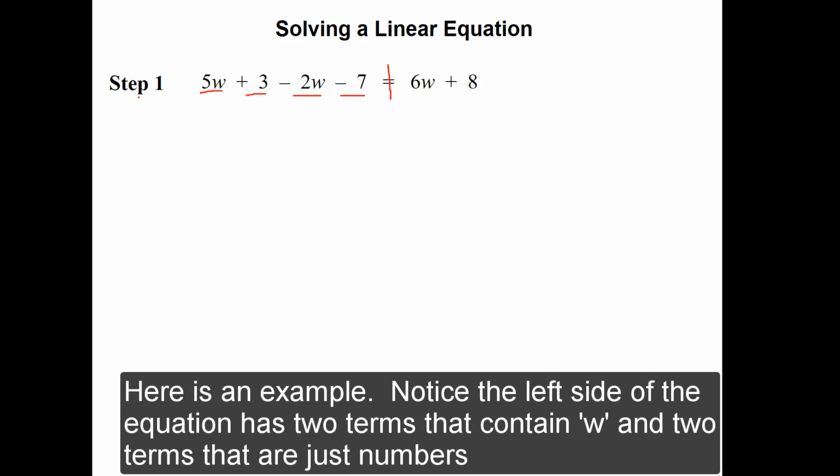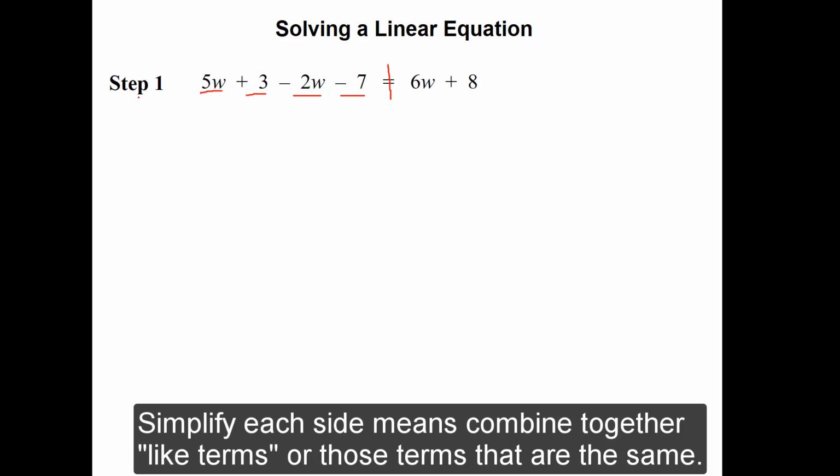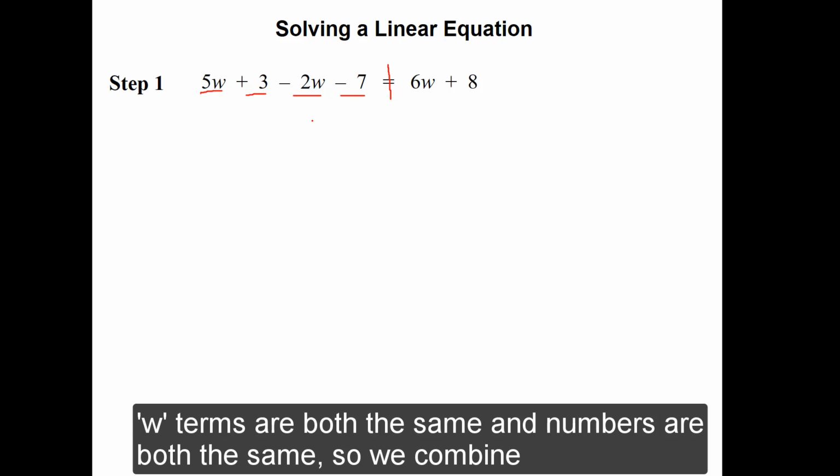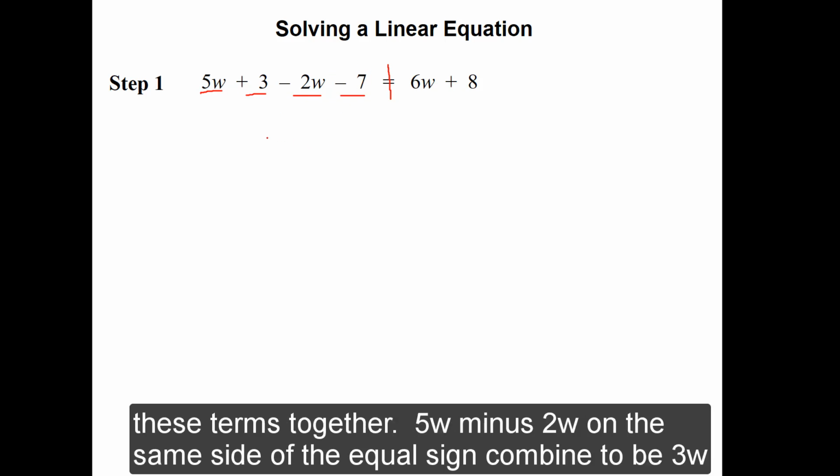In step 1, when we say simplify each side, in this case without parentheses, we must combine like terms. Like terms means those terms which are the same. W terms are both the same. Numbers are both the same, and so we combine these together.